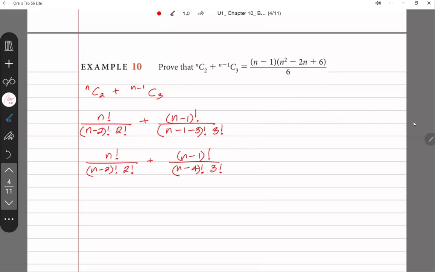So let's do something similar to what we did before. Let us eliminate the n minus something factorial from the denominator.